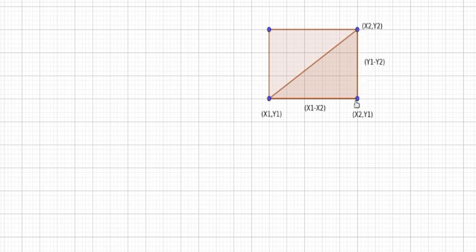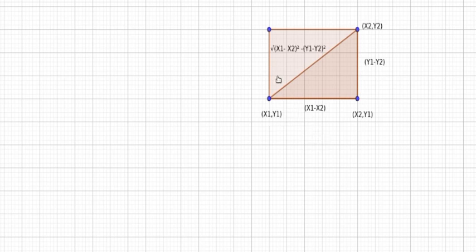Or if we consider this right triangle, the base is equal to x1 minus x2 and the altitude is equal to y1 minus y2. Okay, then what about the hypotenuse? The hypotenuse is the square root of length square plus breadth square of this rectangle.